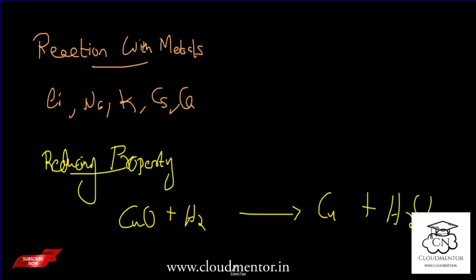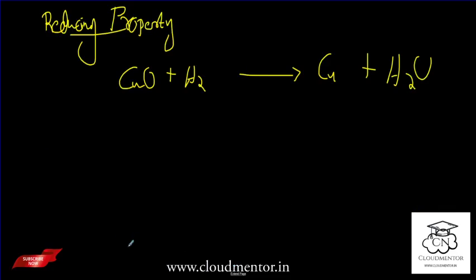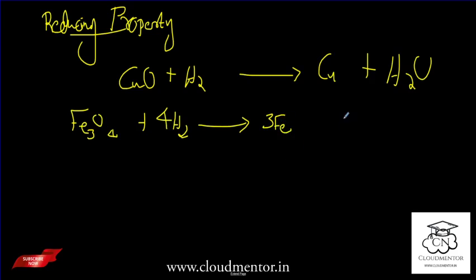Similarly, Fe3O4 is also reduced by hydrogen to give elemental iron and H2O.